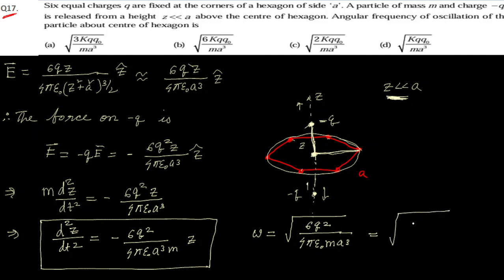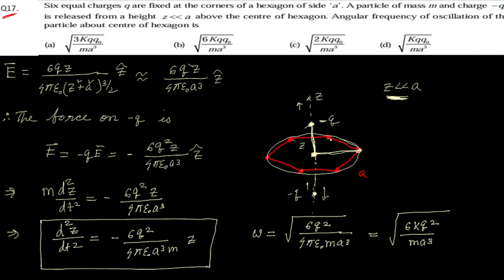So we get 6kq square divided by m a cube, and this will be the angular frequency in this case. Sorry, in this case the two charges are not equal.